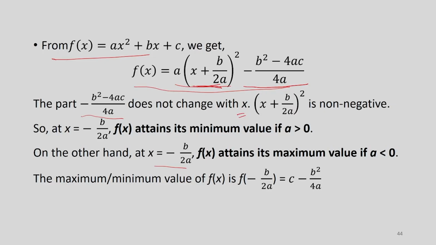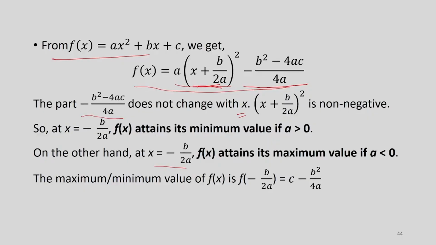So, this is the reason why whether you have a maximum or a minimum value of a quadratic function depends on the value of a. Now, the maximum and minimum value of f(x), what are they? We just have to put in x equal to −b/2a, and if I do that, I get that particular maximum or minimum value to be c − b²/4a.